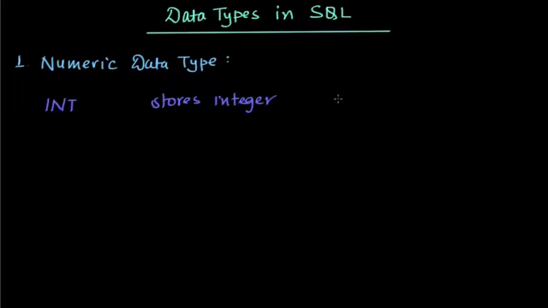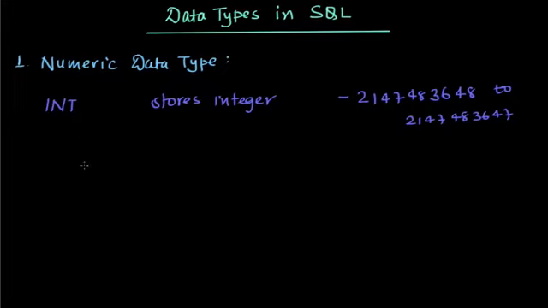It can store minus 2147483648 to plus 2147483647. I'm copying this value from my notebook. You need not remember this. This is the range of integers which we can store in this data type.